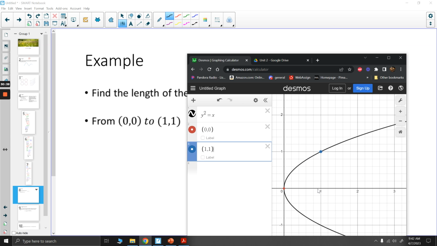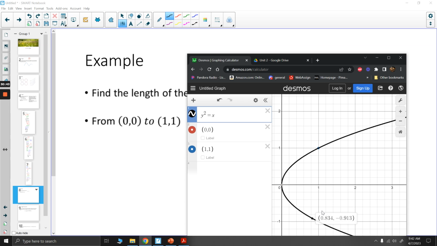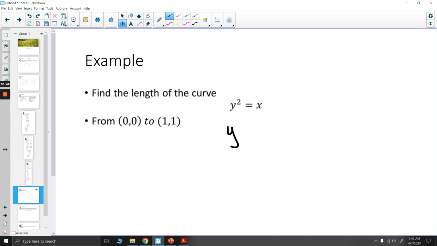So we're dealing with this thing here. Now notice, what is this thing here? We actually don't really even have to worry about this. So the first thing we want to do is solve for y. y is plus or minus the square root of x. That's what this thing actually is.